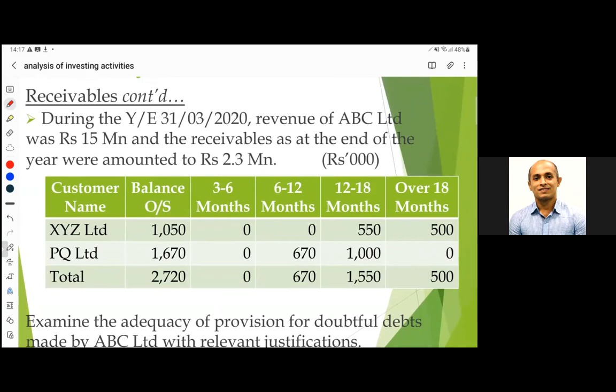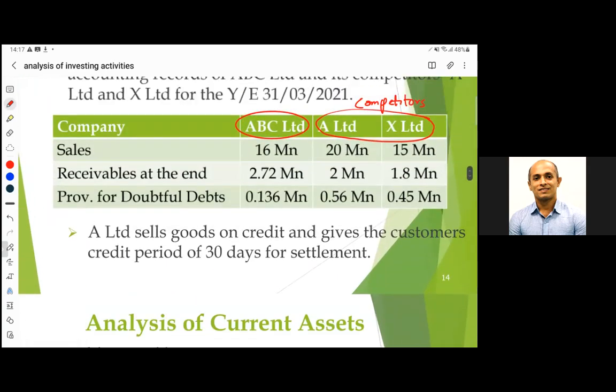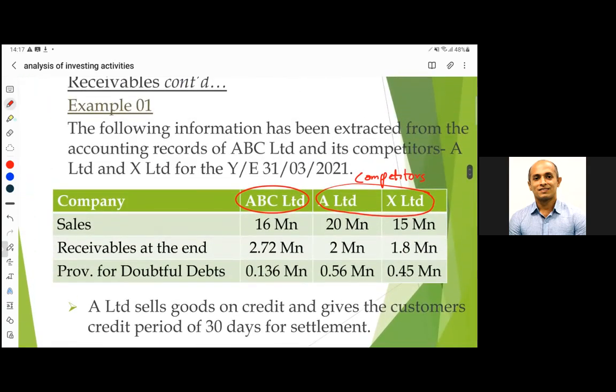The current year is ending 31st March 2021, and last year ended 31st March 2020.